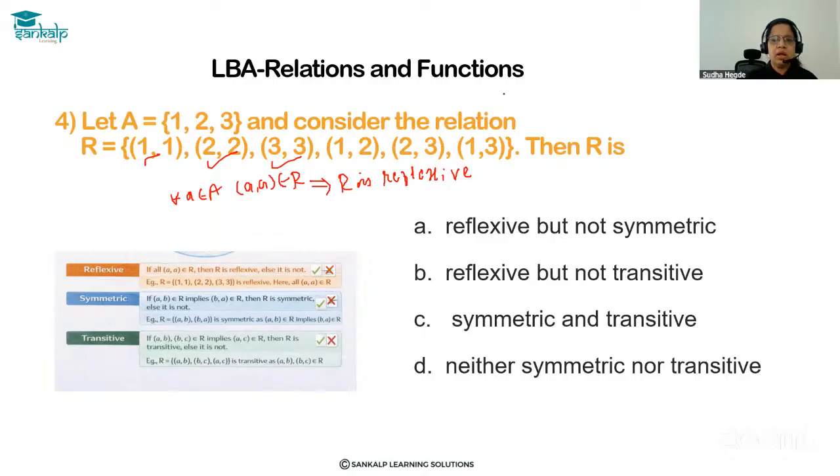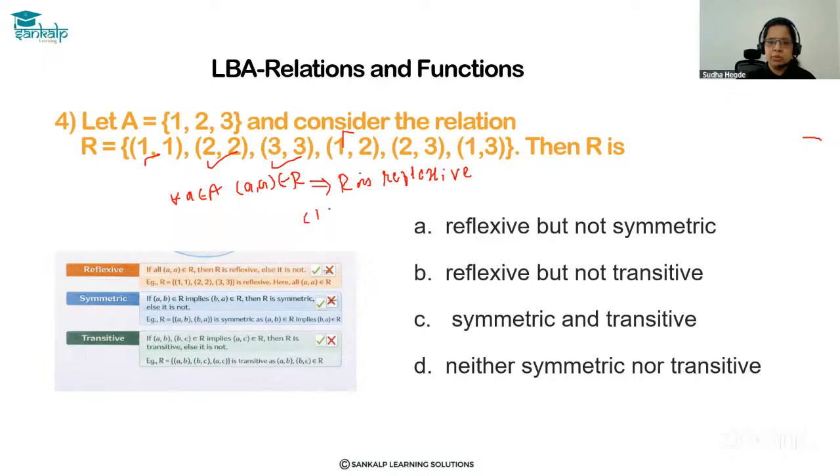Now, see, (1, 2) belongs to R, correct? But (2, 1) does not belong to R. What is the definition of symmetric? (a, b) belongs to R implies (b, a) also belongs to R, then R is symmetric.